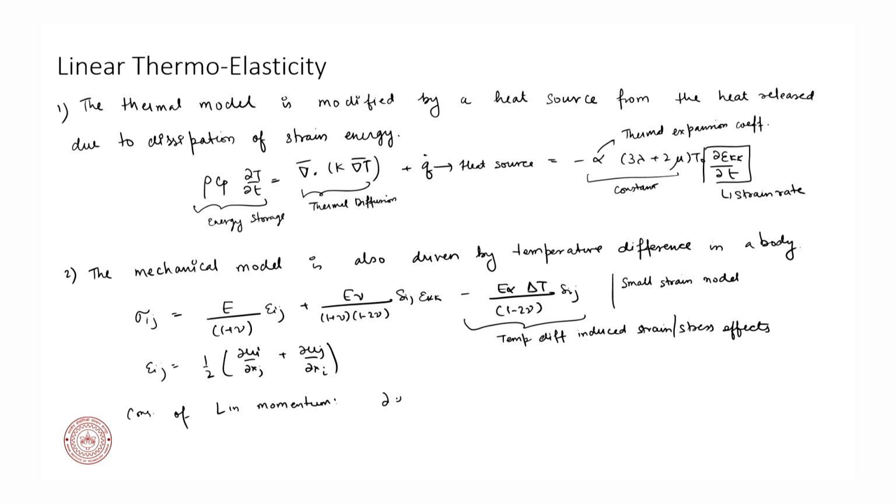We have del sigma ij by del xj plus rho bi equals rho del square ui by del t square. So, this is our conservation of linear momentum. If you would like a more in-depth understanding, we have covered the mechanical model and all aspects of mechanics in about a 6 lecture set.